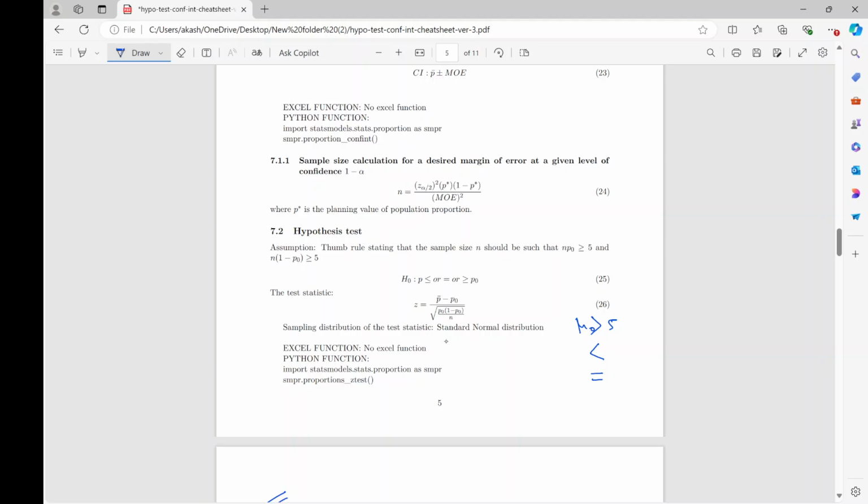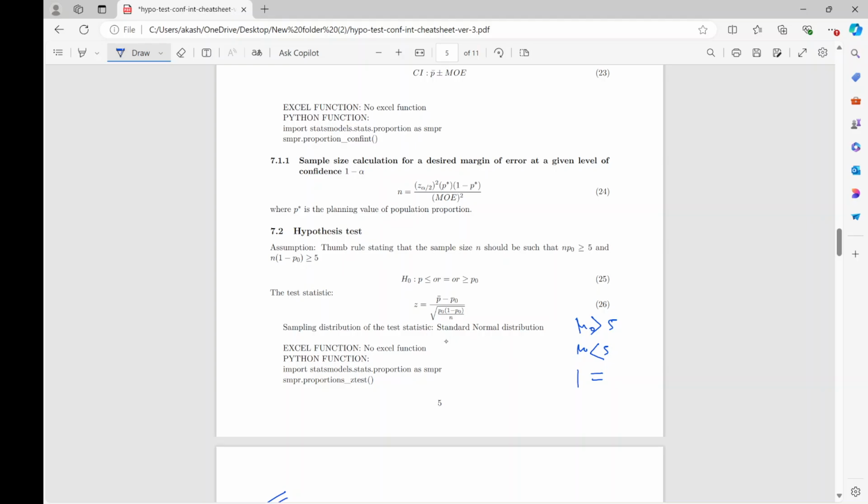Let's say it's the number of chocolates a kid eats in a week, and we want to test the hypothesis that it should be greater than 5, then it's right-tailed. If our hypothesis is that it's less than 5, then it's a left-tailed test.